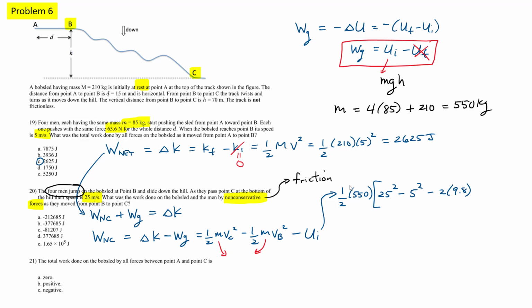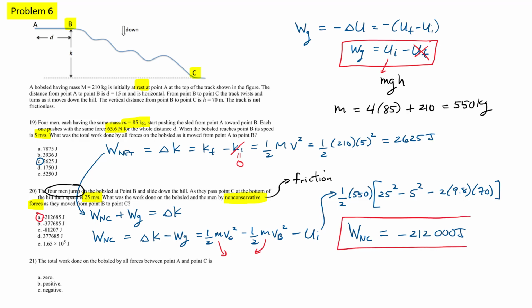Little g is 9.8, and the height for that initial potential energy was 70 meters. All right, so you put everything in the calculator. Again, the work done by non-conservative forces is going to be a negative value. And what I get here is roughly minus 212,000 joules. All right, let me box that up. And that corresponds to roughly choice A, which I think is the best choice for this problem.